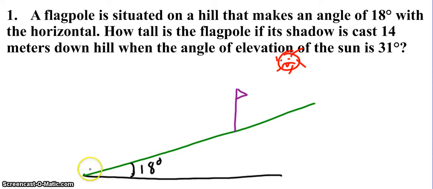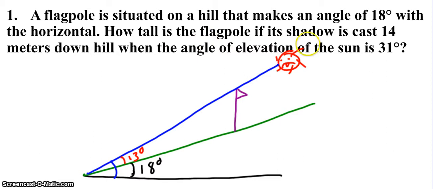And I know that the angle of elevation of the sun is 31 degrees. So that means this entire angle is 31 degrees. So if that whole angle right there is 31 degrees, then I know this angle right here is going to be 13 degrees. Okay, and what else do I know here?